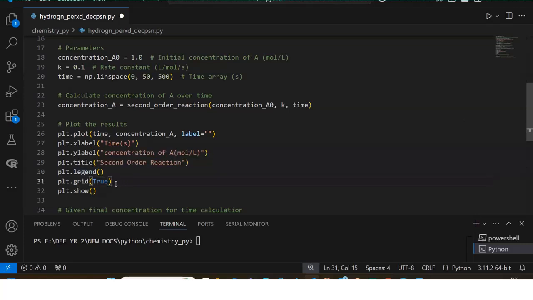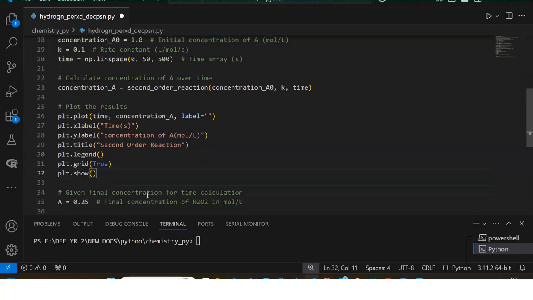This is how we declare that: plt.grid(True). If you don't want it, you can say False. But even if you don't put it, as long as you have not declared it otherwise, the grid is going to come when it is plotting. Then plt.show is what is going to help us to show the output.